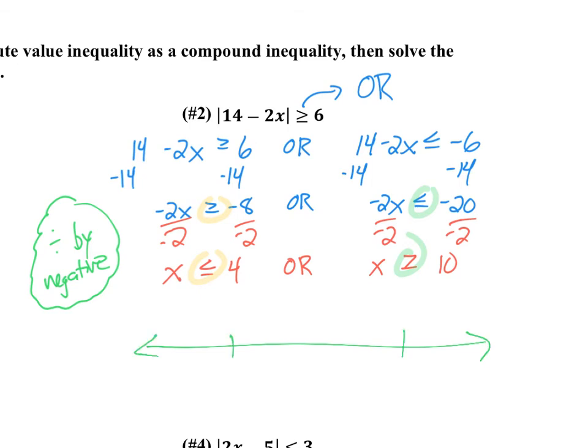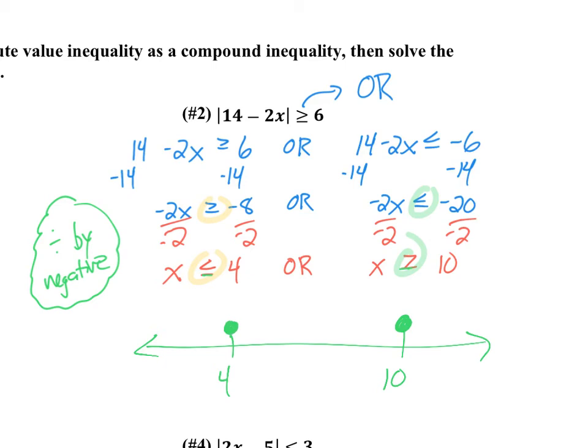So you put your numbers on here. 10 is bigger than 4. Notice each of these have an equal sign, so they're going to be filled in circles. So filled in at 10, and it is filled in at 4.